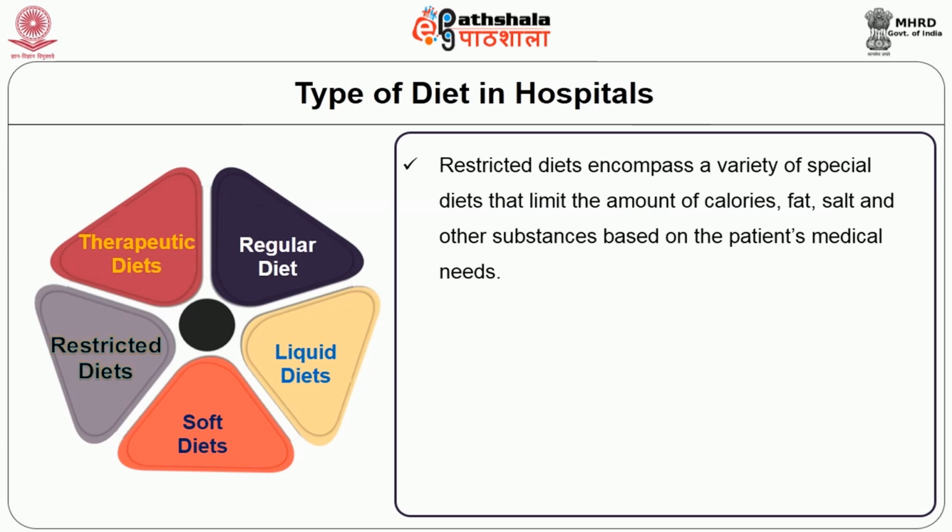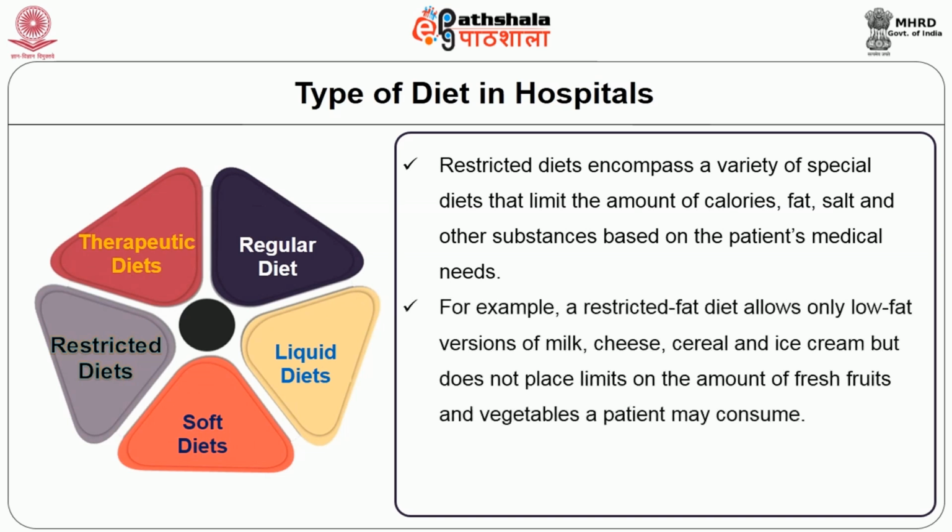Restricted diets encompass a variety of special diets that limit the amount of calories, fat, salt and other substances based on the patient's medical needs. For example, a restricted fat diet allows only low-fat versions of milk, cheese, cereal and ice cream, but does not place limits on the amount of fresh fruits and vegetables available seasonally, and the patient may consume more.